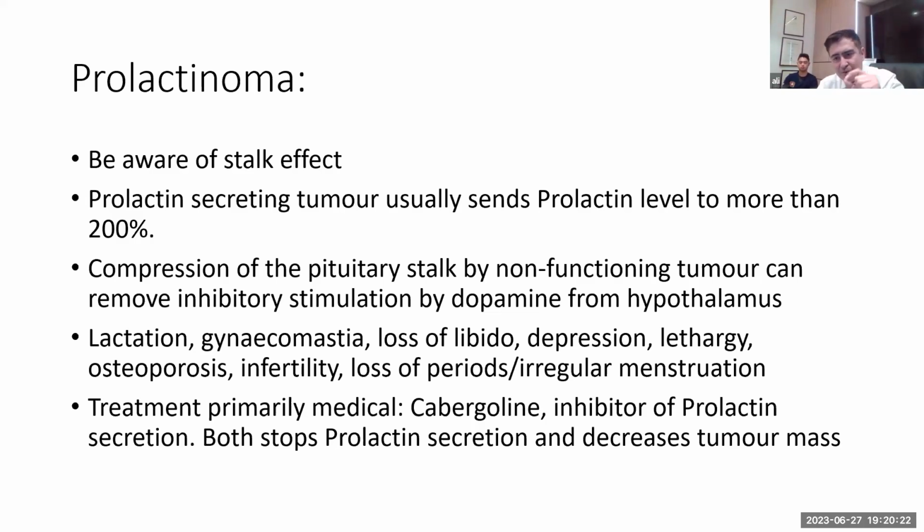It can give rise to an elevation in prolactin level. So upper limit of prolactin is about 400. Their prolactin will be 700 or 800. That's in keeping with a non-functioning pituitary macroadenoma that's pushing on the pituitary's stalk.